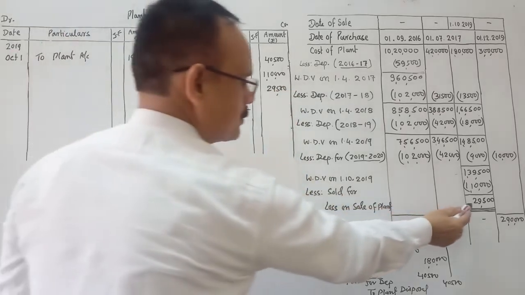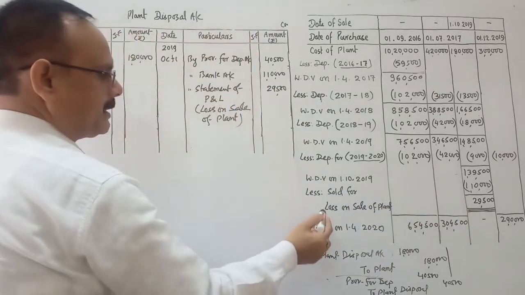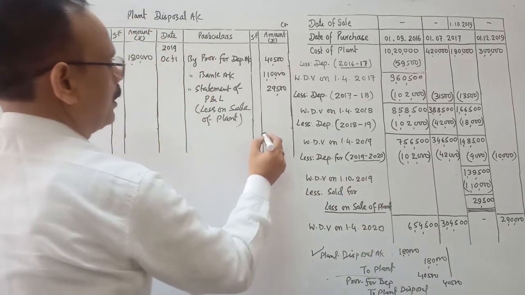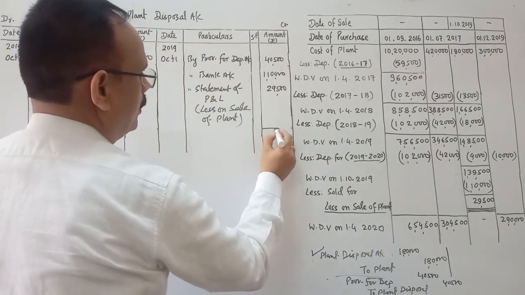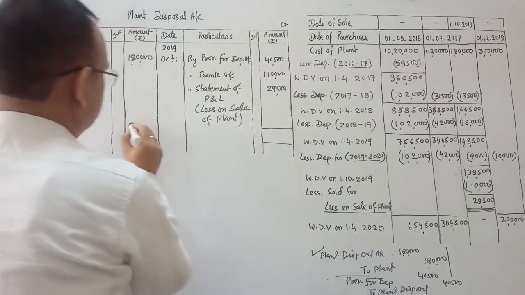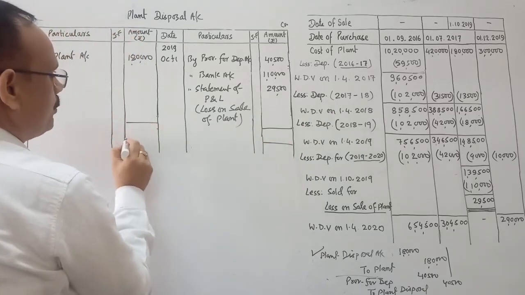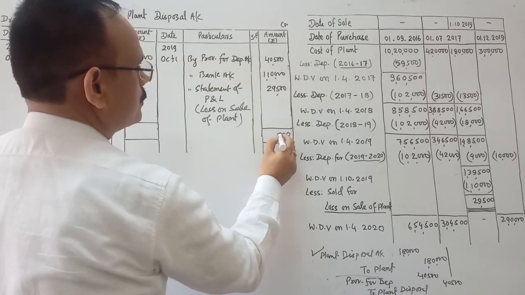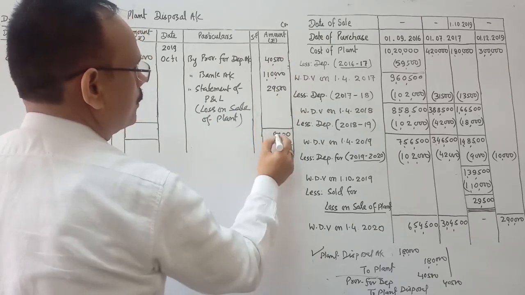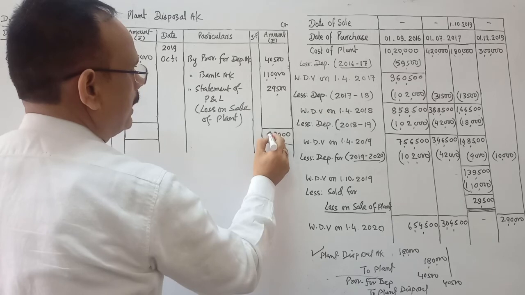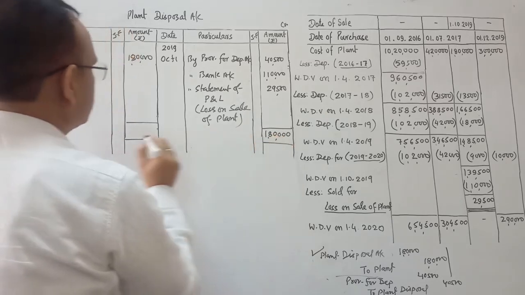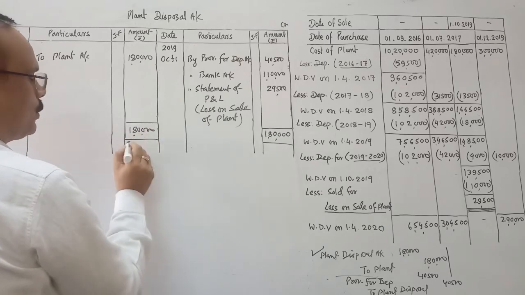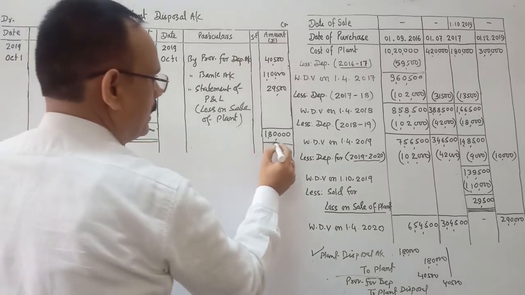This one is the loss. Now you do the total of both sides. Both sides total will be the same, 1,80,000 and 1,80,000.